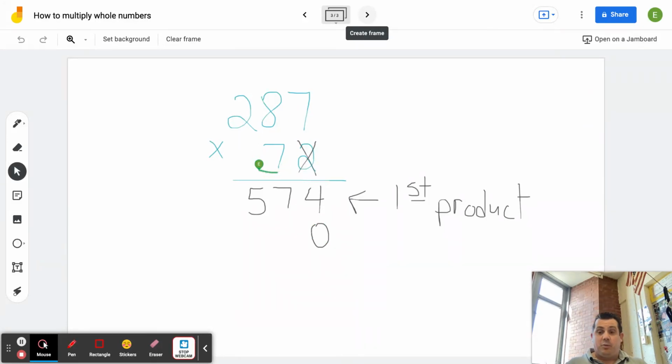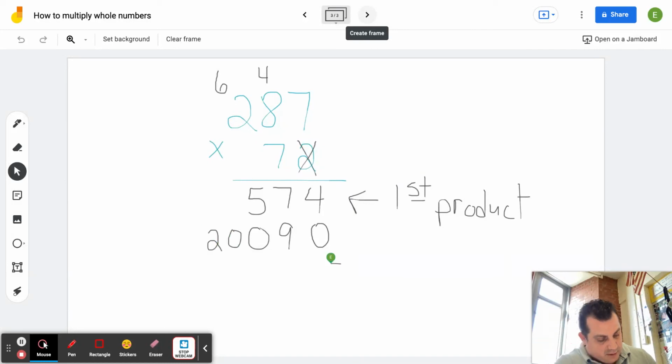It's not just 7 ones. 7 times 7 is 49. 7 times 8 is 56, plus the 4 more is 60. And 7 times 2 is 14. 14 plus 6 more is 20.